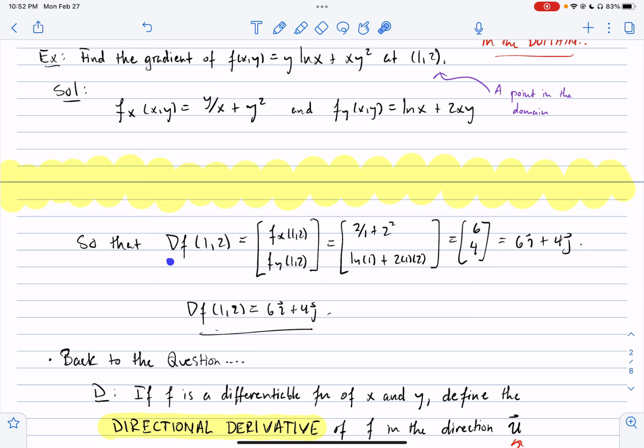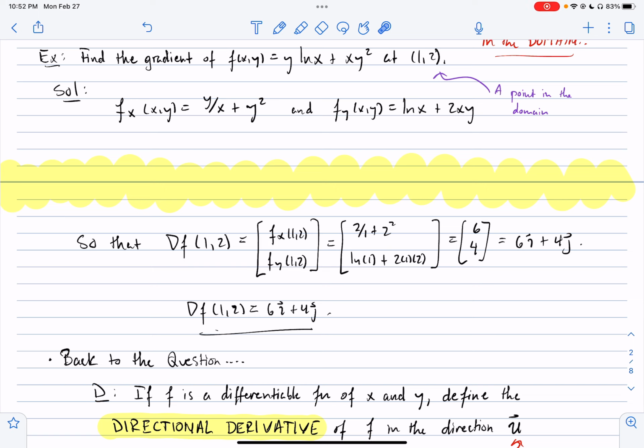So the gradient at this point, 1, 2, means that you look at the partial derivative with respect to x in the first component and with respect to y in the second component, and you evaluate both of these expressions when x is 1 and y is 2. So this becomes 2 over 1, that's what this is, plus 2 squared, that's what this is.